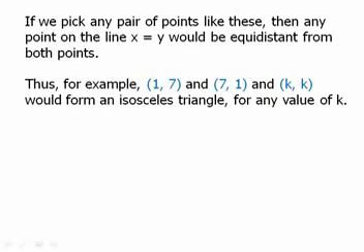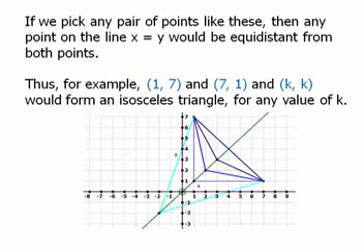And obviously these 2 points, 1, 7 and 7, 1, are reflections over the line y equals x. So here we can get a visual of it, and we can actually see these various isosceles triangles. Here I picked just a few example points, but you get the idea. Any point on that line, the k, k could be anywhere on that line, and we'd get isosceles triangles.